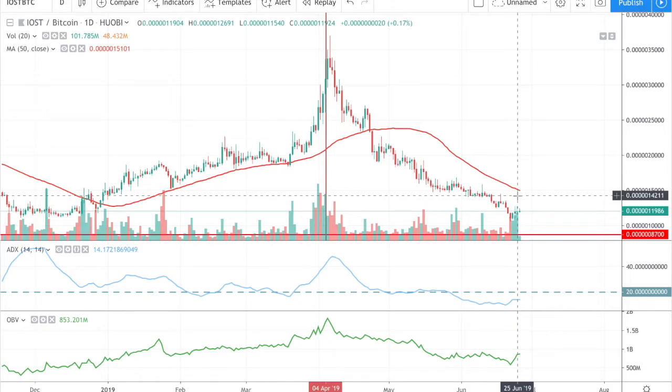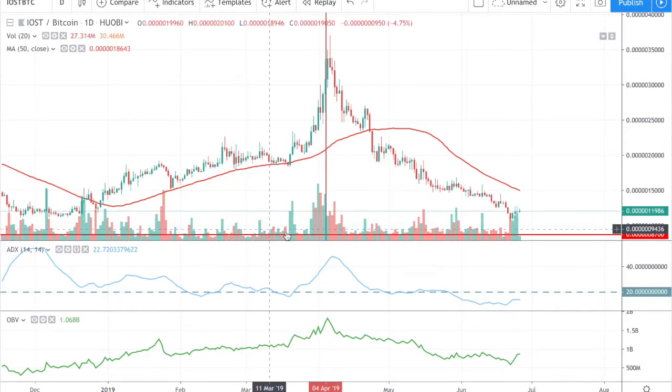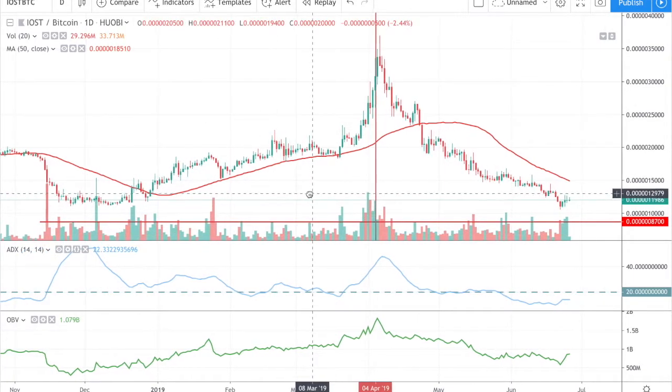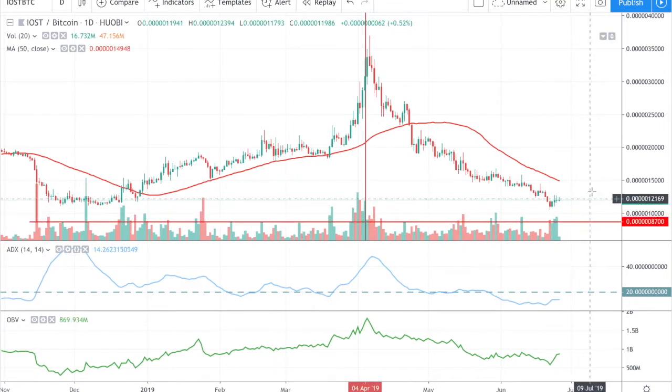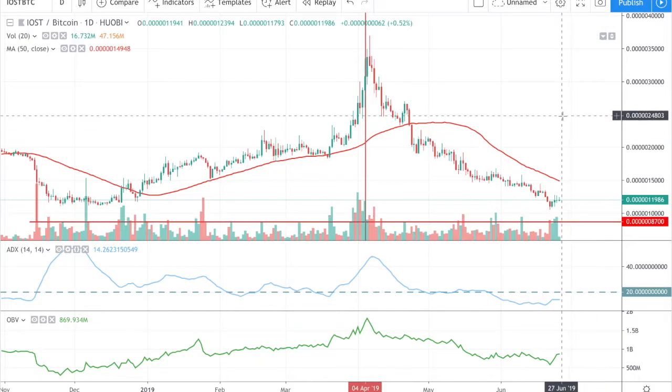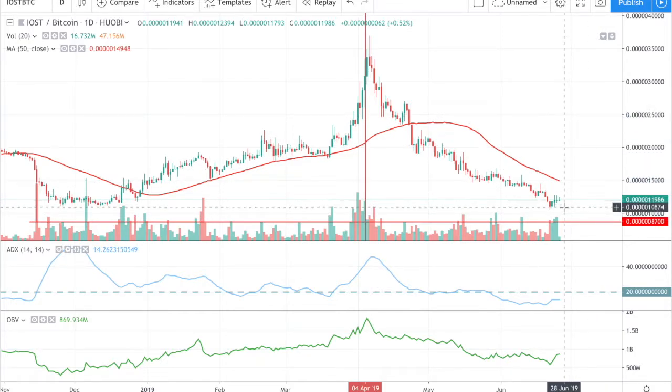As a matter of fact, I did outline a low here, which is 8,700 right here. This is as low as IOST has ever been against BTC. So we're not there yet, but we are definitely at quite of a bottom per se.